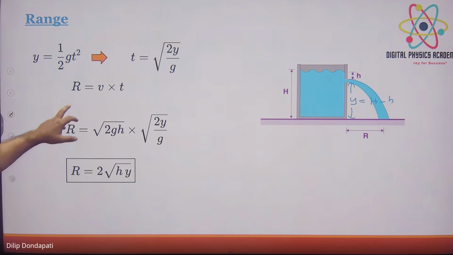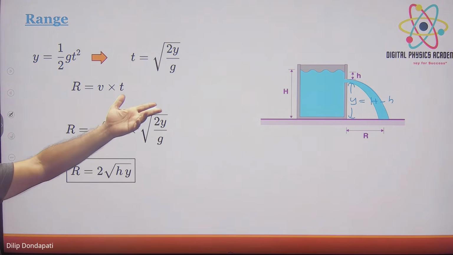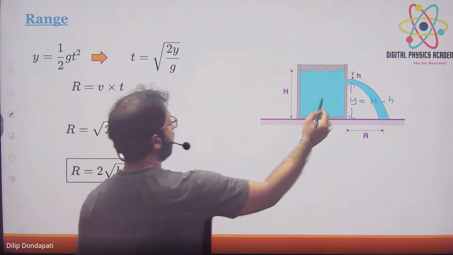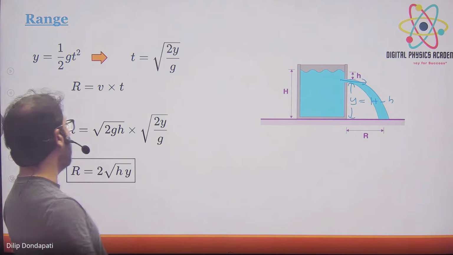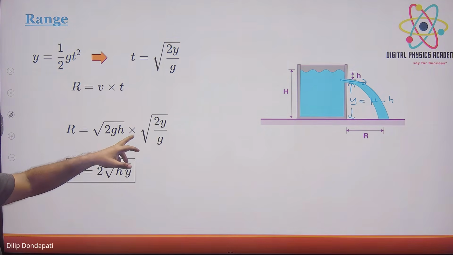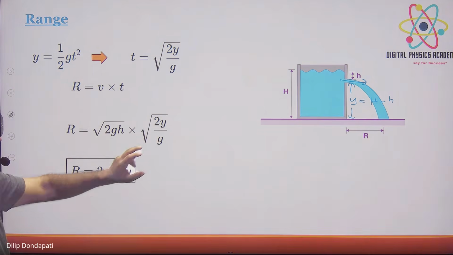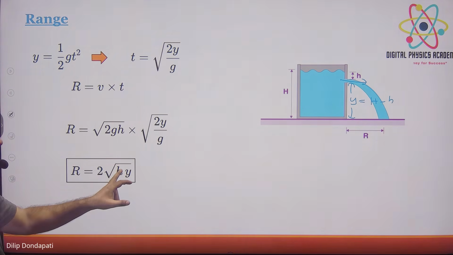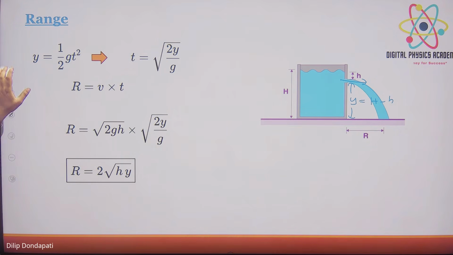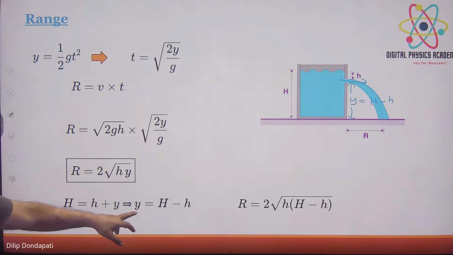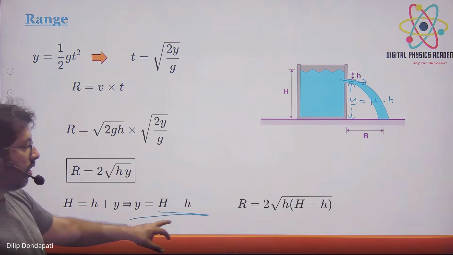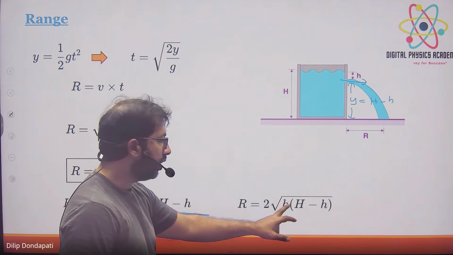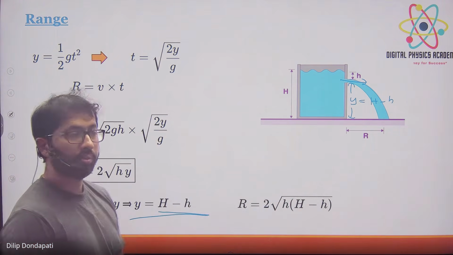Now what is range? Velocity into time. What is the velocity with which it comes out? Torricelli's theorem, right? Under 2gh into time, which is under 2y by g. From this, if you cancel, you get 2 under root h into y, and in place of y I substitute H minus h. Then the answer is 2 under root h into H minus h, which is the range formula.